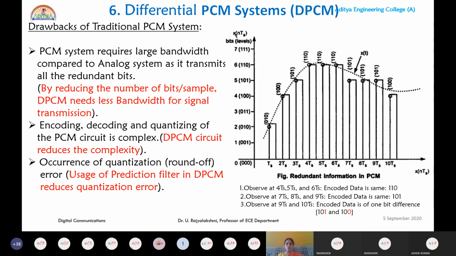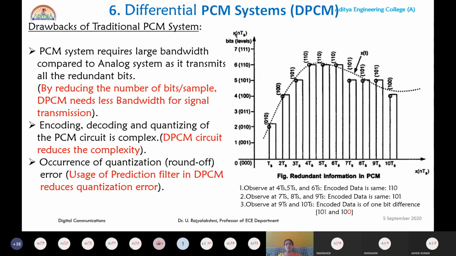At 4TS, 5TS and 6TS, you are also transmitting the redundant data thrice. So this same information, the redundant information, is transmitted by the PCM system thrice.